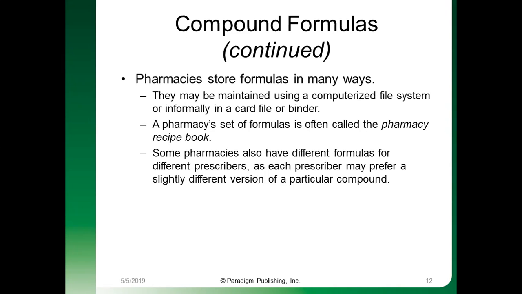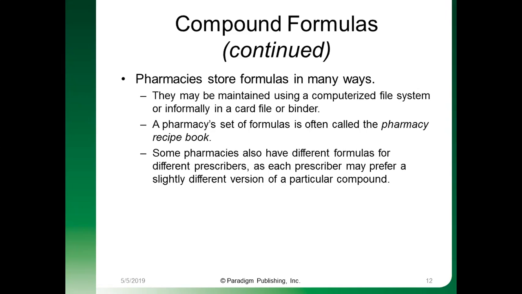A pharmacy's formula file is often called a pharmacy recipe book. Some pharmacies also have different formulas for different prescribers. Each prescriber may prefer a slightly different version of a particular compound.